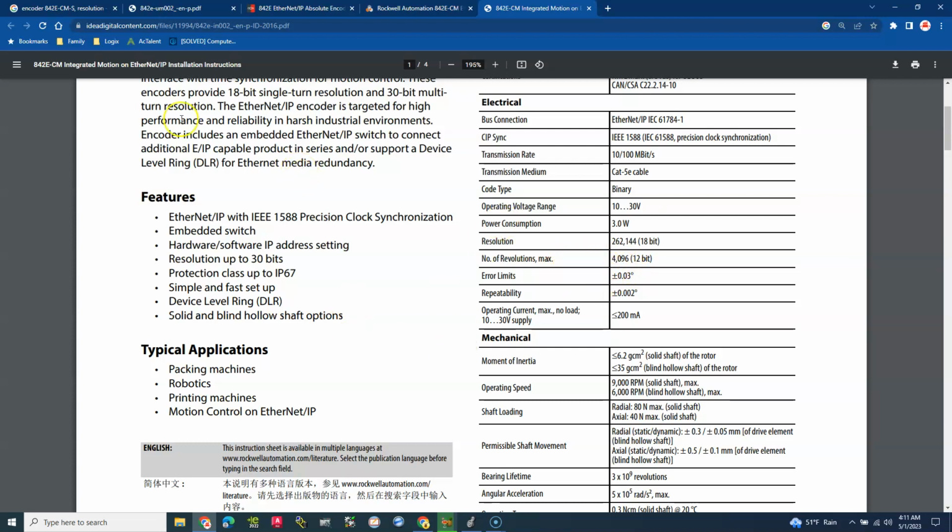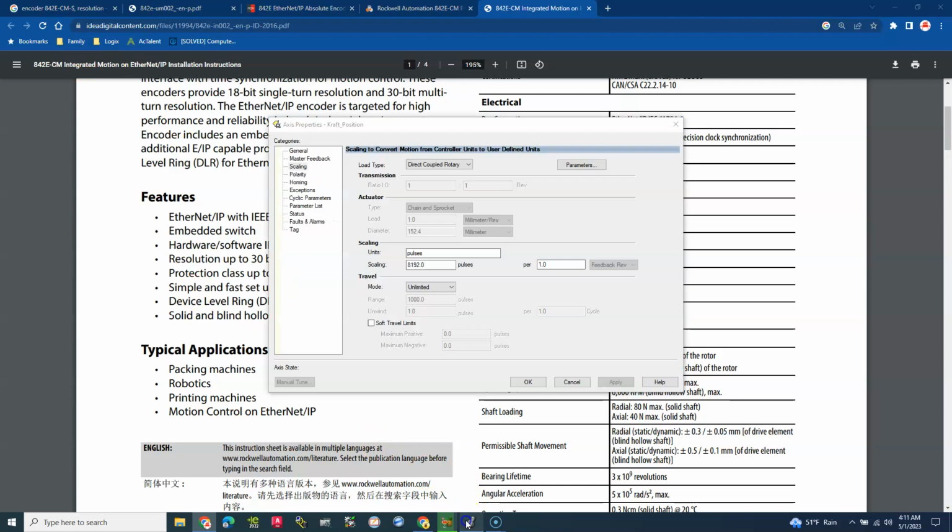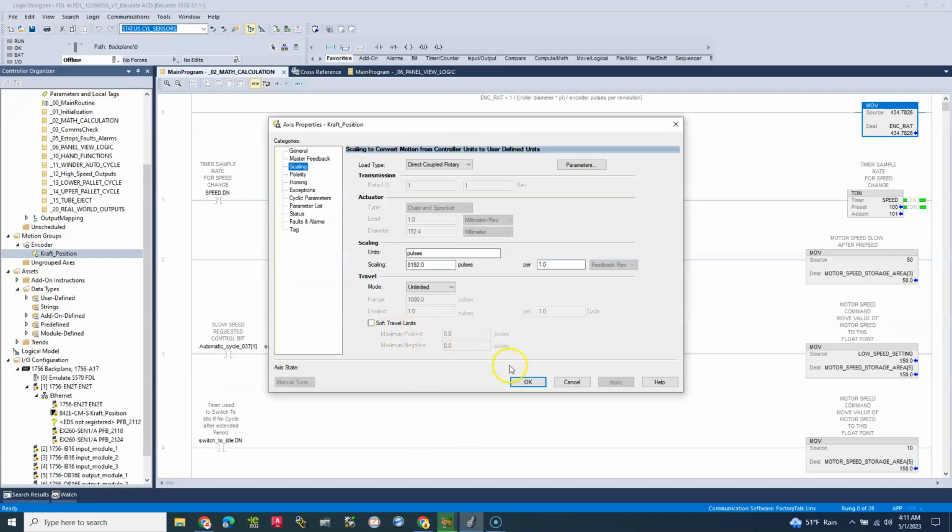Now, if we look at this and in our program we see that we have 8,192. That's almost exactly the number of revolutions doubled. So for every turn of our drum, it would be 2 full revolutions of the encoder.